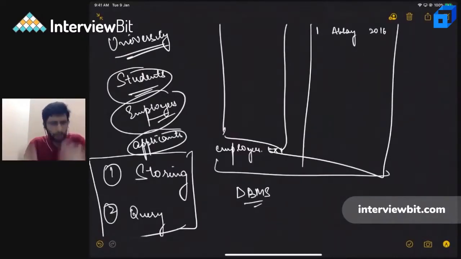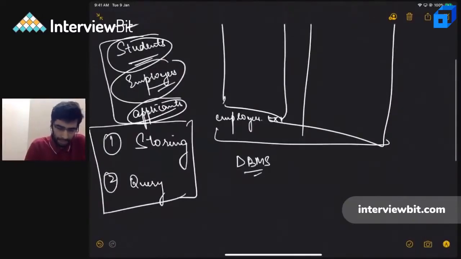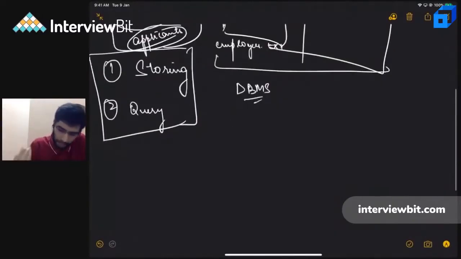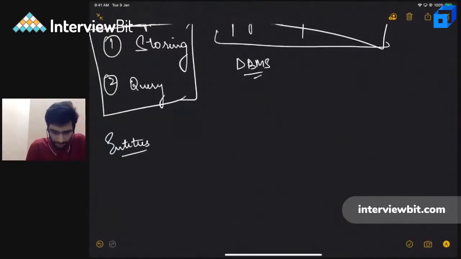So for each thing that you are storing data about, you are storing some attributes about that thing, right? These things are called entities. Entities are nothing but about what or about whom you are storing data.